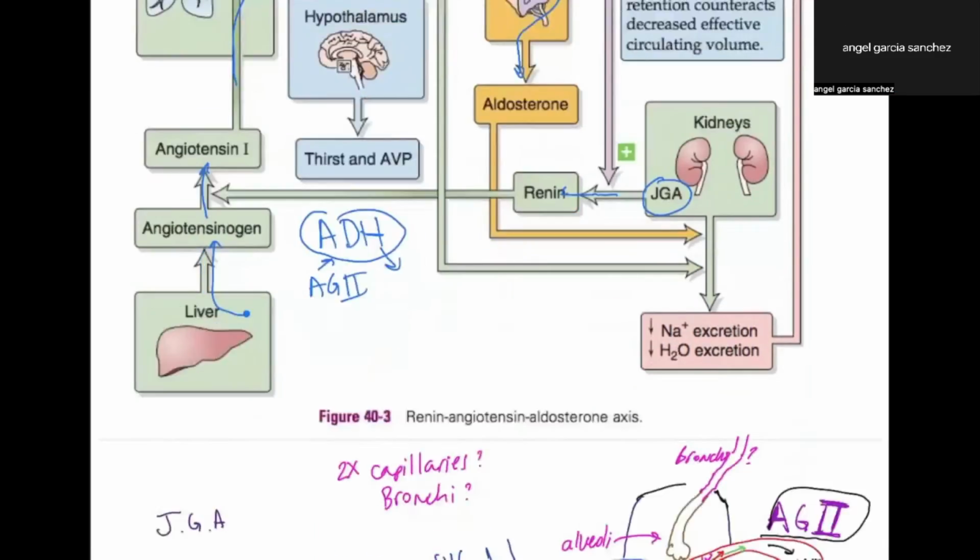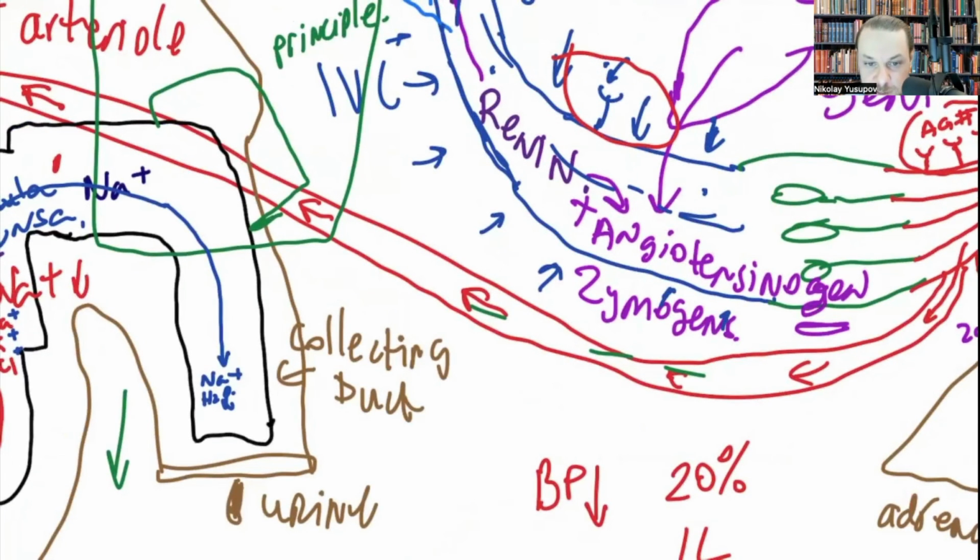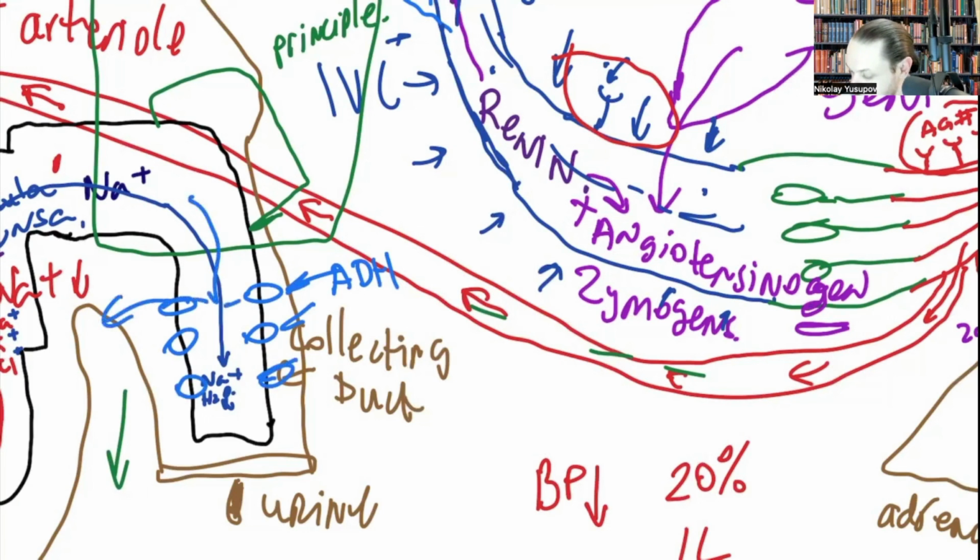I'll come over here and show you. In the distal convoluted tubule, it's usually water impermeable. But under the influence of ADH, it's going to create aquaporins, basically water channels. As the urine comes through here, it will start to pull water away into the interstitium, so it's making urine more concentrated.